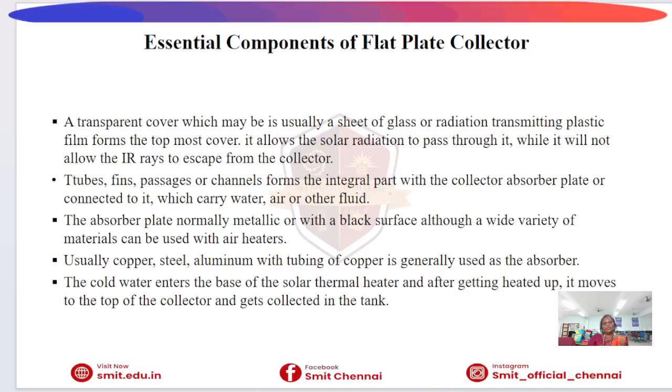This plate absorbs the solar radiation and converts it into heat. Attached to the absorber plate are tubes or channels through which water or air flows. Cold water enters from the bottom, gets heated while flowing through the tubes, and finally moves to the storage tank. This simple mechanism helps convert solar radiation into usable thermal energy.